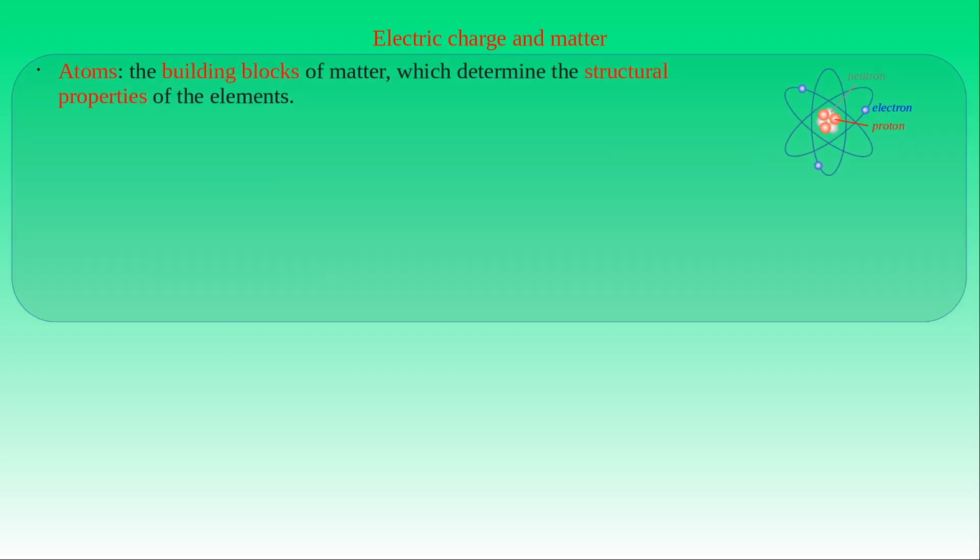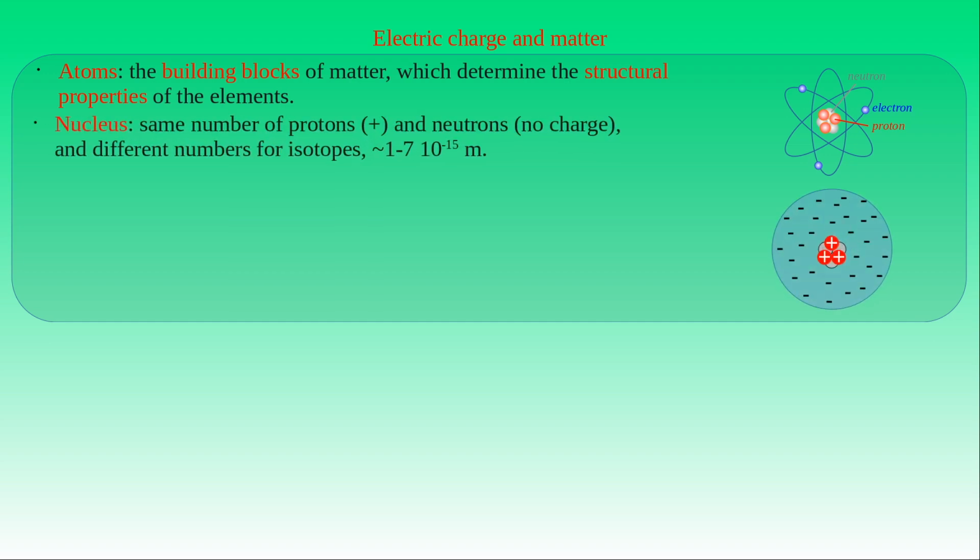Since the particles in atoms carry charges, the question is how electric charge is distributed in atoms. In the atom model of matter, the atoms are the building blocks of matter which determine the structural properties of the elements. The atoms have two parts, the nucleus and the electron cloud or shells. The nucleus of an atom consists of protons and neutrons, although their numbers differ in isotopes.